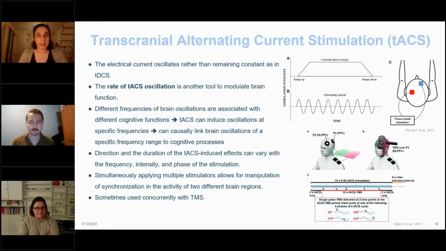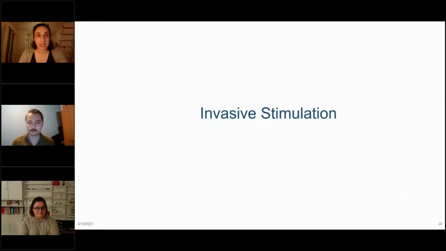And with that, I'm finishing the brain stimulation part, and I'm going to invasive stimulation, which means that we stimulate the brain, but this time we do it invasively. Again, there's an operation going on.